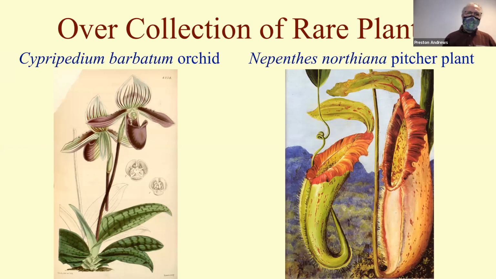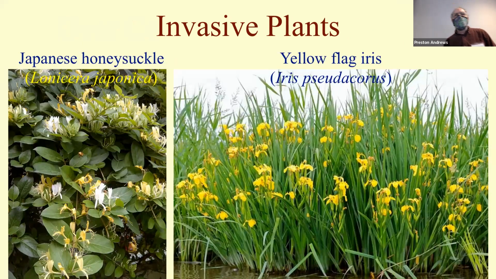This orchid on the left is what's called a Venus slipper orchid, not a Venus flytrap. This is a pitcher plant, also beautiful. These carnivorous pitcher plants are amazing, but now very endangered in the wild. Another tragedy, invasive plants.